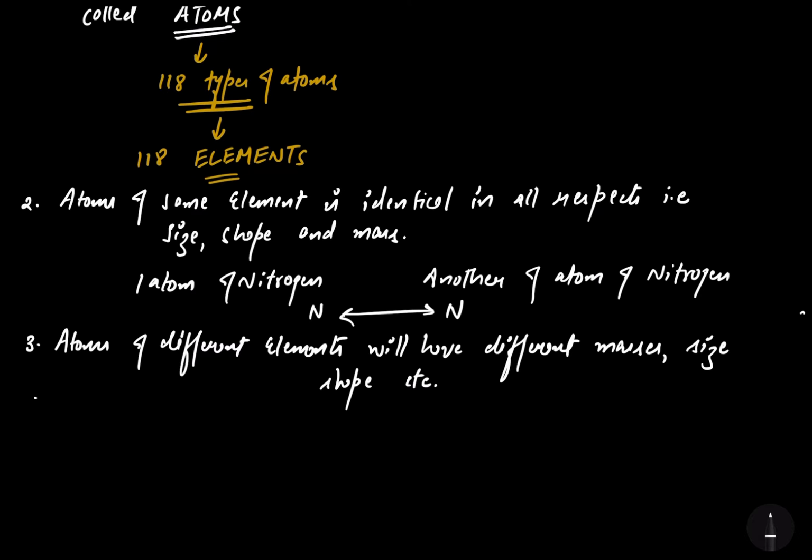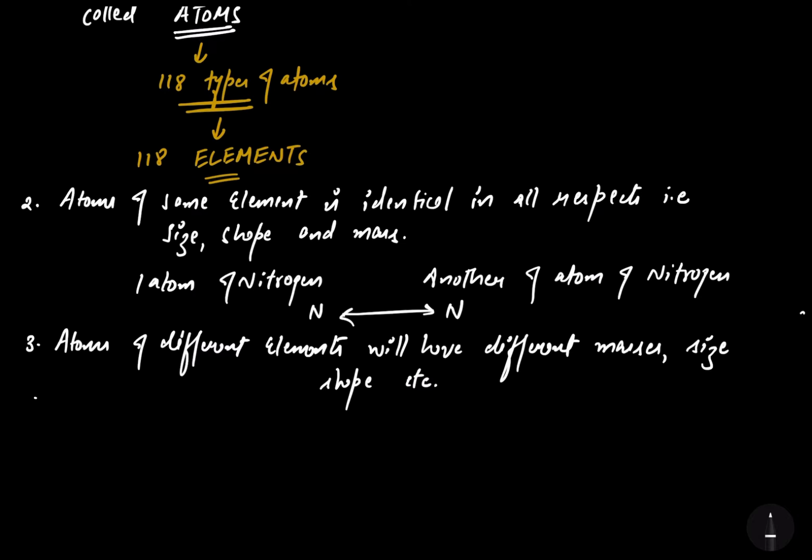I'm not writing the number of electrons and protons right now because at that time when Dalton gave this theory, no one knew about electrons, protons and neutrons. But right now, due to advances in chemistry, we are able to find out that every type of element has a different number of electrons, protons, and neutrons, which we will discuss in the next topics.